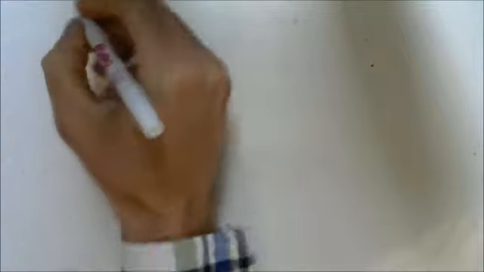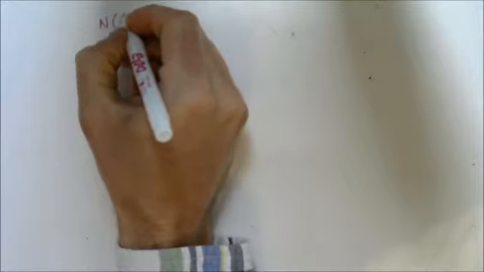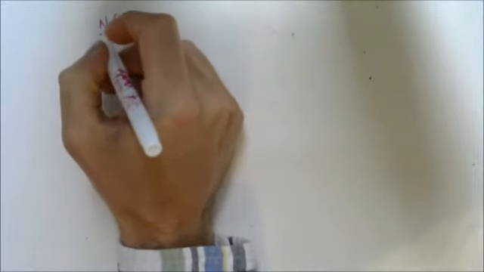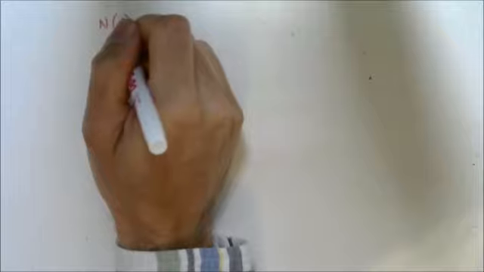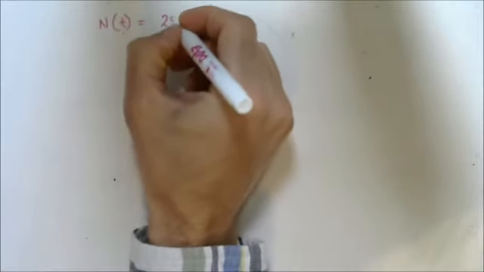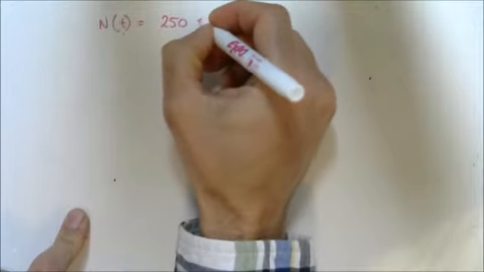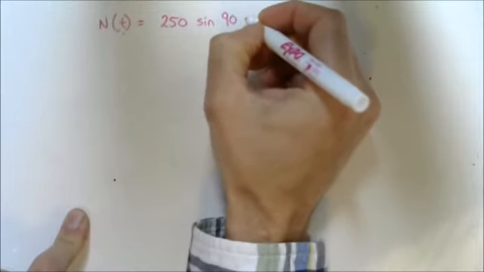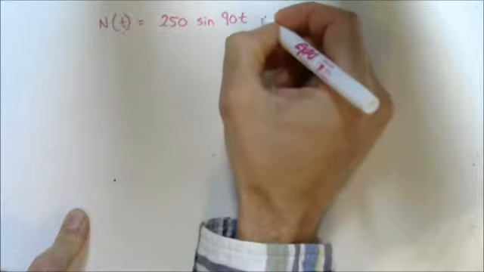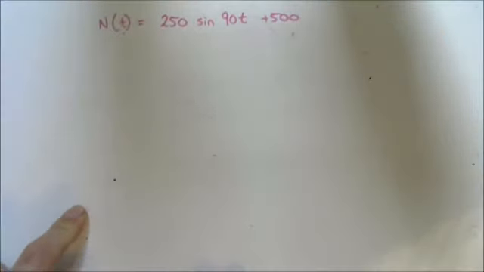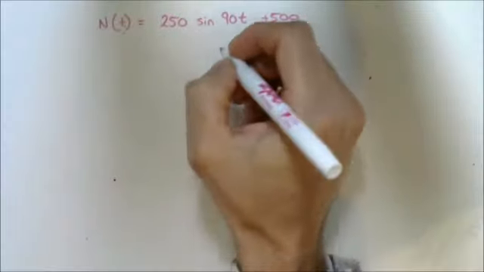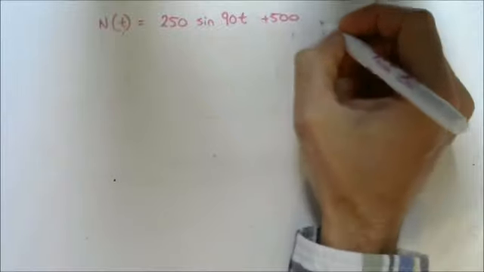Prey in a given area can be modeled by the function N of t, so the number of animals with respect to time, is equal to 250 times the sine of 90t plus 500, where t is the number of years since 1990, okay? T is the number of years since 1990.